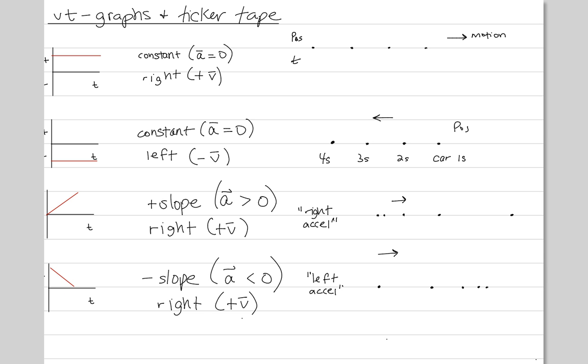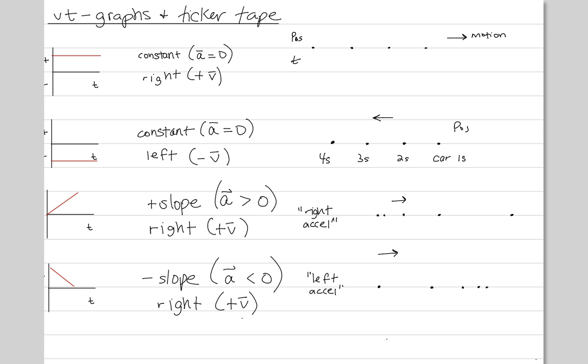And then over here, your velocity is closer to 0, so you're going slow. As time goes on, it's like a snapshot in time. Here's at 1 second. Here's at 2 seconds. Here's at 3. Here's at 4. Here's at 5. So the pictures of this dot are taken at the same time interval, but the distances between them are getting smaller. So you must be slowing down to a stop.